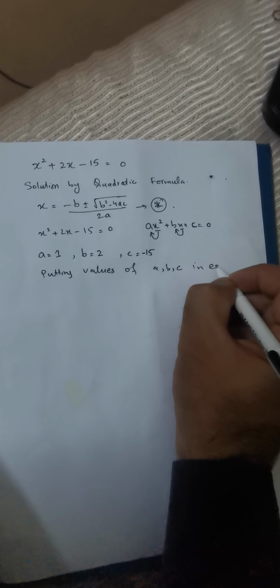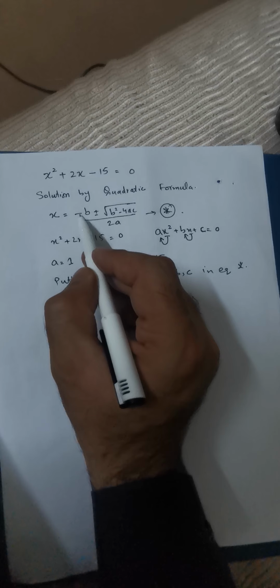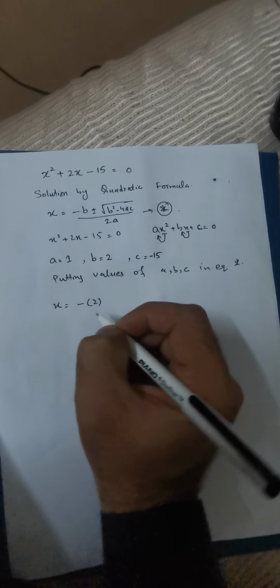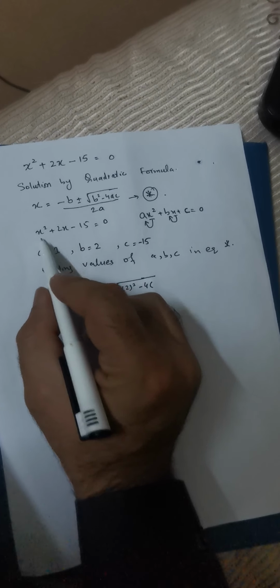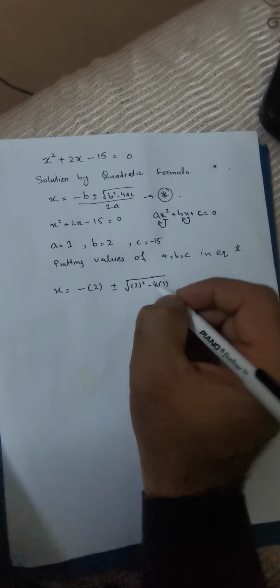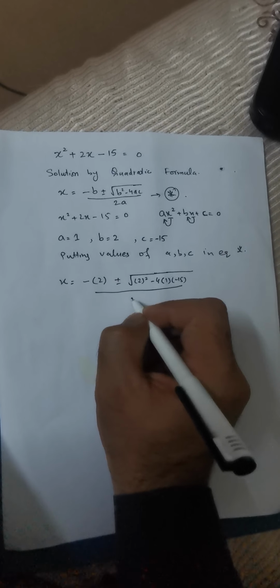So putting values of a, b and c in equation star, it will come like this: the value of x will be equal to minus b, the b value is 2, so I'll write in bracket 2, minus 2 plus minus under root b square, so 2 square, minus 4 times a, the value of a is 1, and then the value of c as minus 15, and divided by 2 times a, which means 2 times 1.